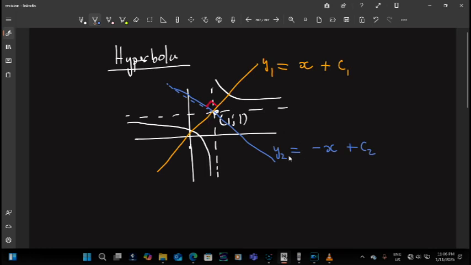For you to find c1 and c2, you substitute the point of intersection of these lines, which is where our asymptotes are meeting. Then you substitute it here and find c2, and substitute it in the other and find c1, and then you have the equations.